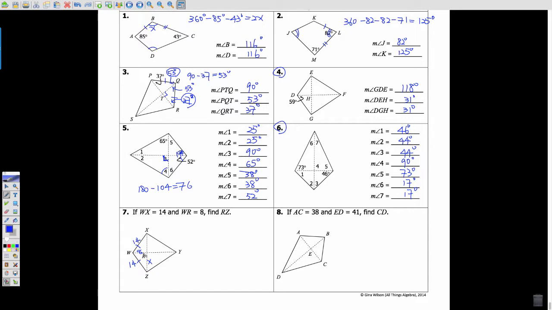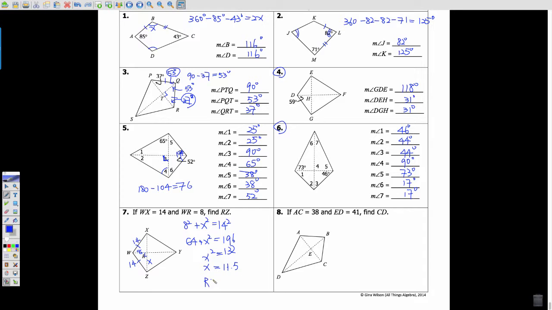Therefore, in this triangle WRZ, this is a right triangle, so I've got a Pythagorean theorem going on. I can have 8 squared plus x squared should equal 14 squared. And that's 64 plus x squared equals 196, and x is about 11.5.